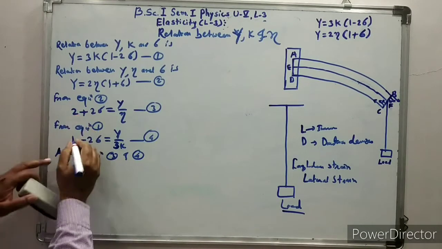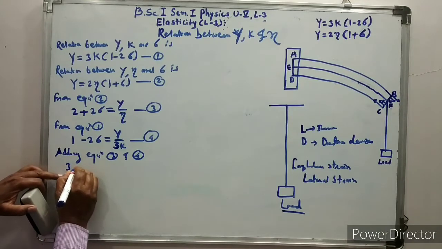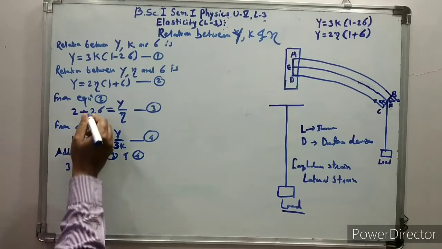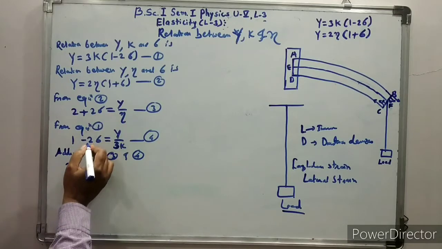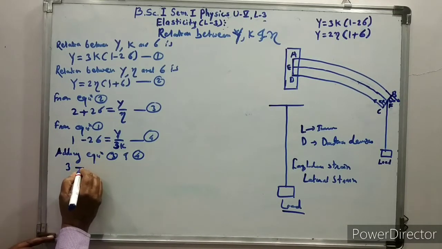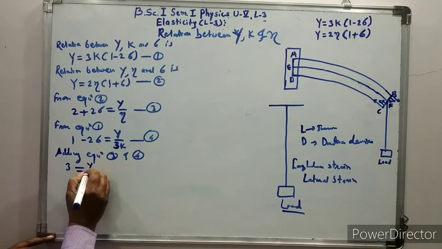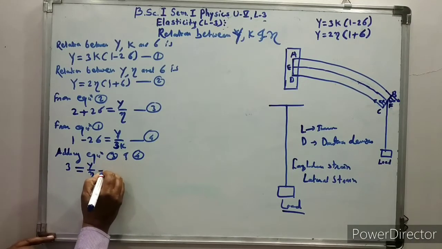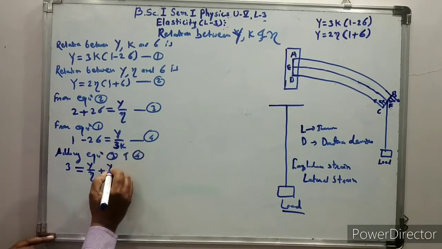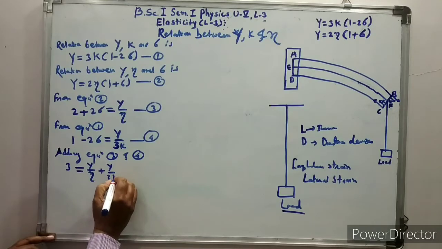we get 2 plus 1 means 3. And here 2 sigma minus 2 sigma gets cancelled, so 3 is equal to Y by eta plus Y by 3K.